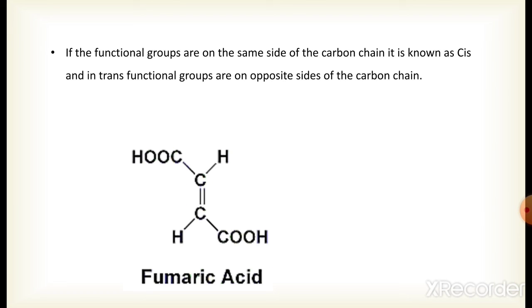Now look at this figure. This one is the fumaric acid. It's the best example of geometrical isomer, fumaric acid and malic acid. So in this figure, this one is the fumaric acid, and in this, the functional group is on the opposite side of the carbon chain. That's why it is a trans isomer.